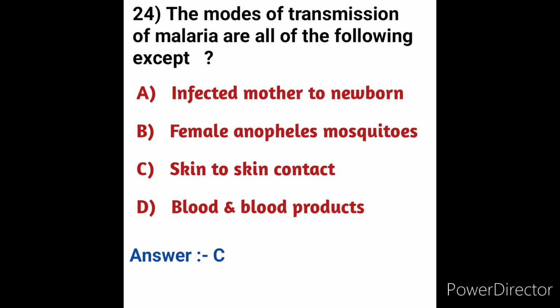Malaria may also be spread by blood transfusion from the infected person, and use of contaminated needles or syringes also. Skin to skin contact is not a condition to transmit malaria. Option C is the correct answer.